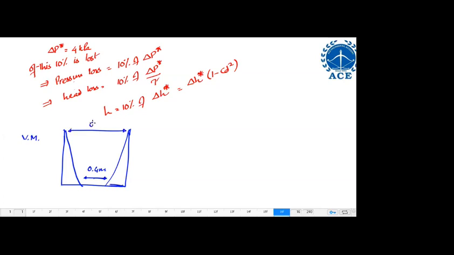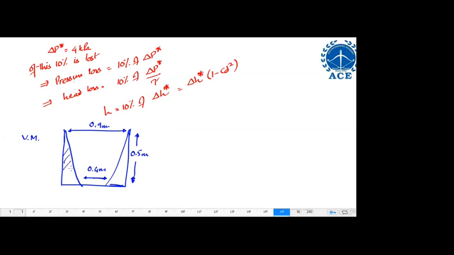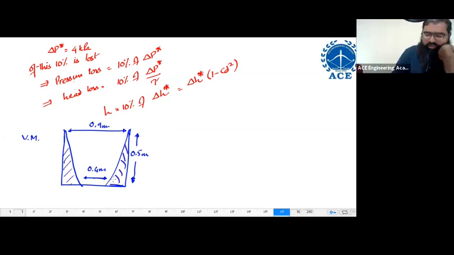They are asking about omega. H is 0.5; this entire height is 0.5. Let us see this question. The fluid is over here. You're rotating with such a high velocity omega that some bottom portion is now opening up.